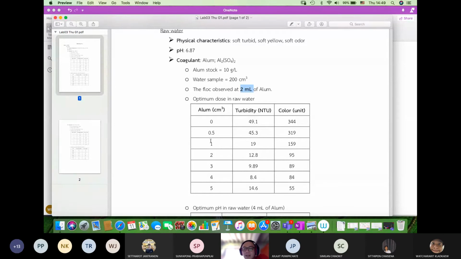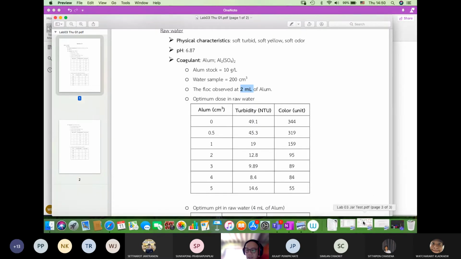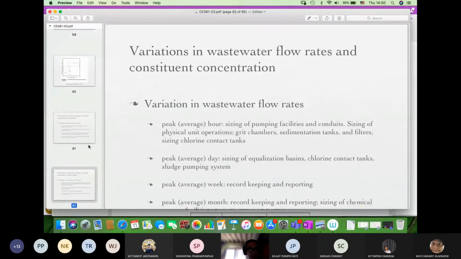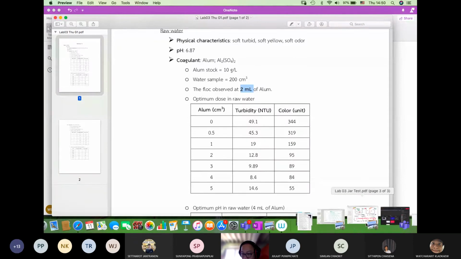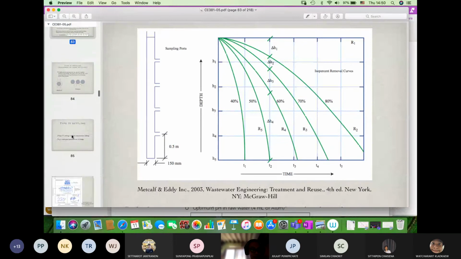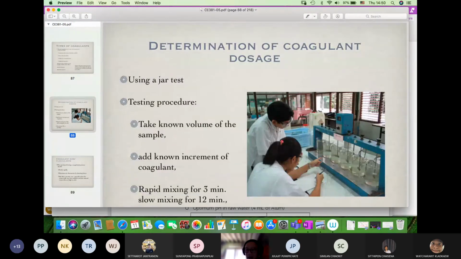So we poured everything into the jars. Our experiment is just like the photo shown in this slide. We have 6 jars: 1, 2, 3, 4, 5, 6.